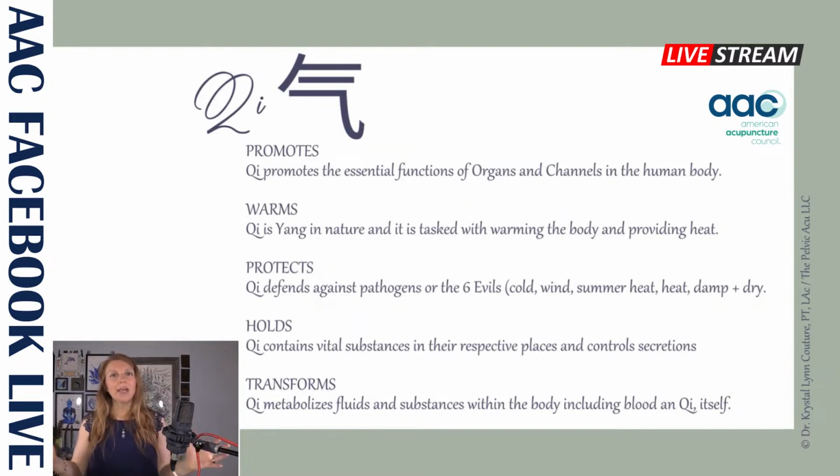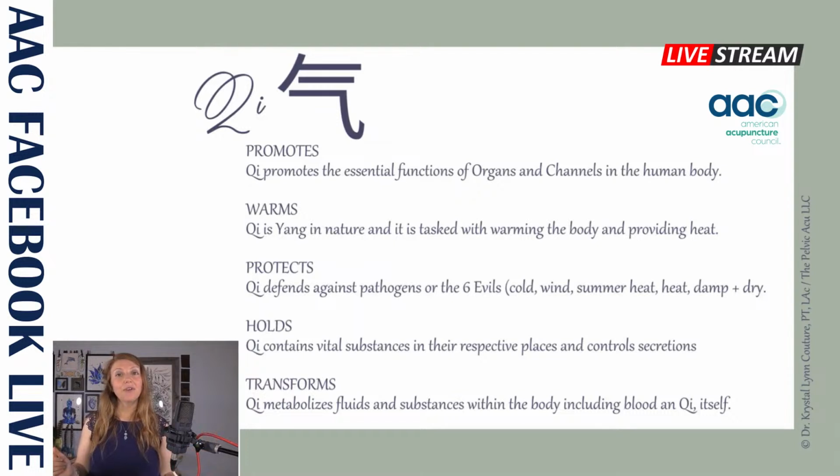So when we think of the body as the body kingdom and the organs as officials and the channels as communication between the officials, we can see how qi is the director of essential function. Warming. Qi is going to be yang in nature, and it's tasked with warming the body and providing heat.